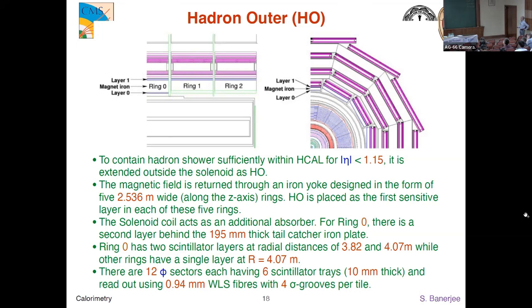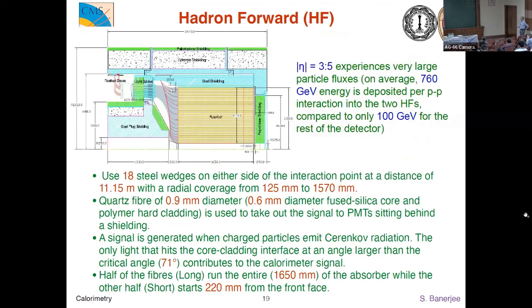As I said, this follows the phi structure of the muon system, which has 12 phi sectors, and obviously it has to match the barrel. Each phi sector has 6 slices, so that it has 72 phi slices, and you have the same delta phi between the barrel and the outer calorimeter.